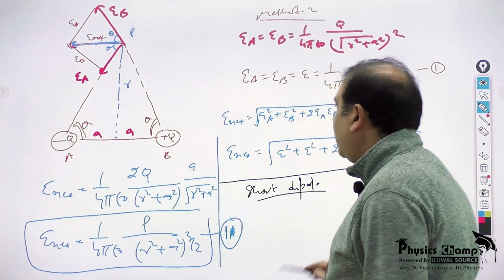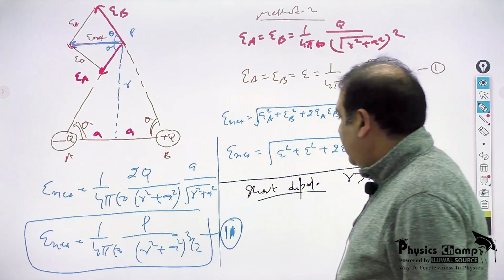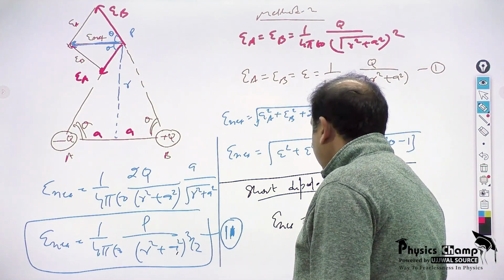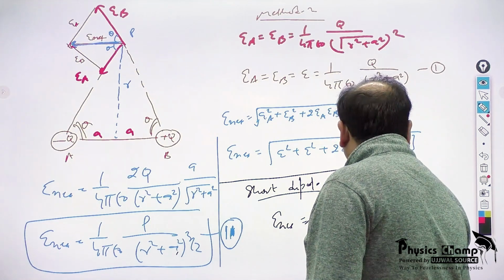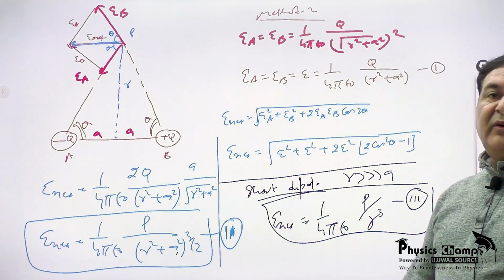In case of a short dipole, r will be very, very large as compared to a. So this a is negligible here. Net electric field will be 1 by 4 pi epsilon naught P by r cube. Same result, just two different methods.